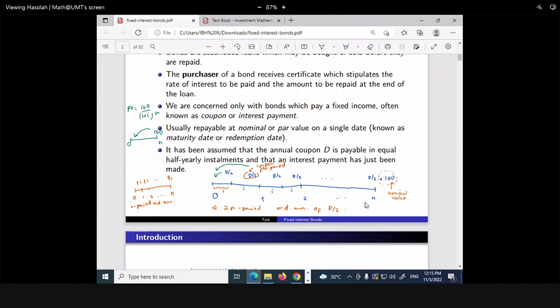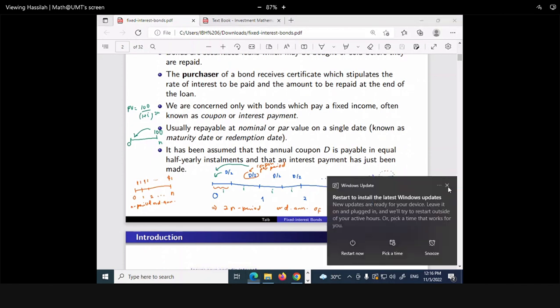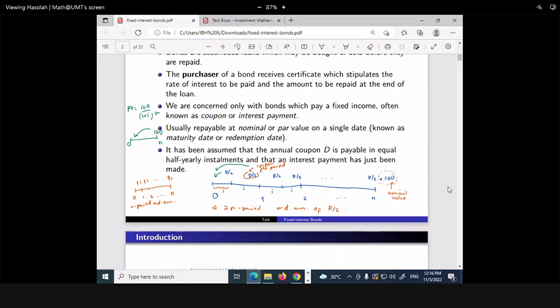What concept do you apply from chapter 1 into this coupon payment structure?